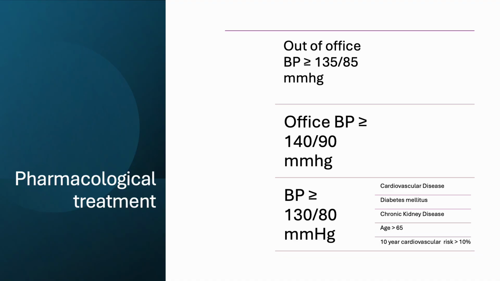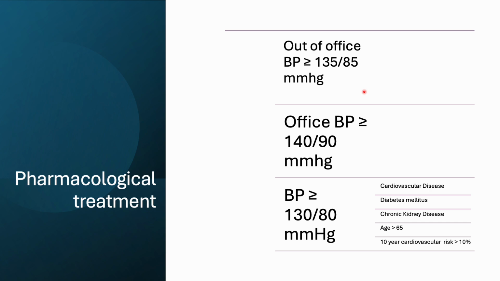Pharmacological treatment. So, not everyone who has been diagnosed as having hypertension will require immediate pharmacological treatment. So, some thresholds of starting pharmacological treatment in patient with elevated blood pressure are as such. Let's say the out of office average measurement, that means home blood pressure measurement, is more than 135 over 85.